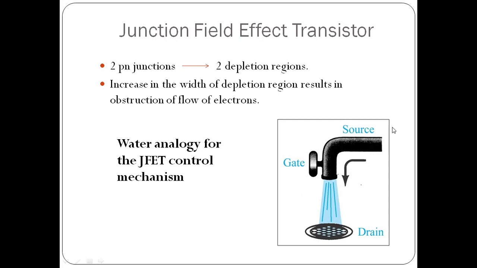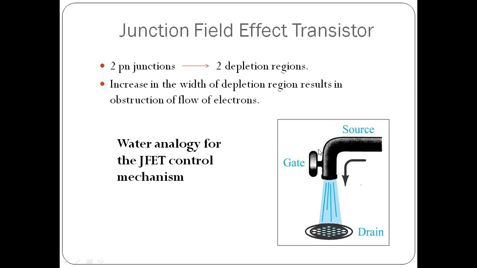The tap is connected to an overhead water tank. The water is coming from the water tank to the water tap. Now, the water flow is happening because of a potential difference. The potential difference here means, of course, the water level at the water tank.